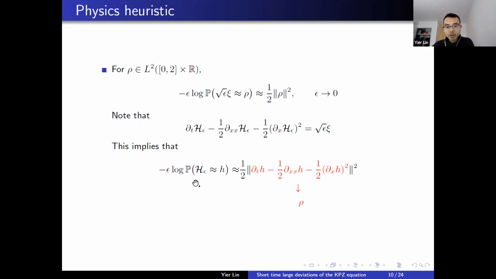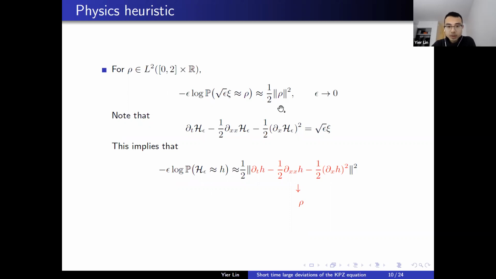Then you're wondering what the functional large deviation is for h epsilon. In other words, what is the probability for this h epsilon to stay around this trajectory h? Formally, this KPZ equation tells you this probability should be the same as the probability of your space-time white noise multiplied by root epsilon staying around the red quantity on the right-hand side, as you just plug your trajectory h into the left-hand side here.